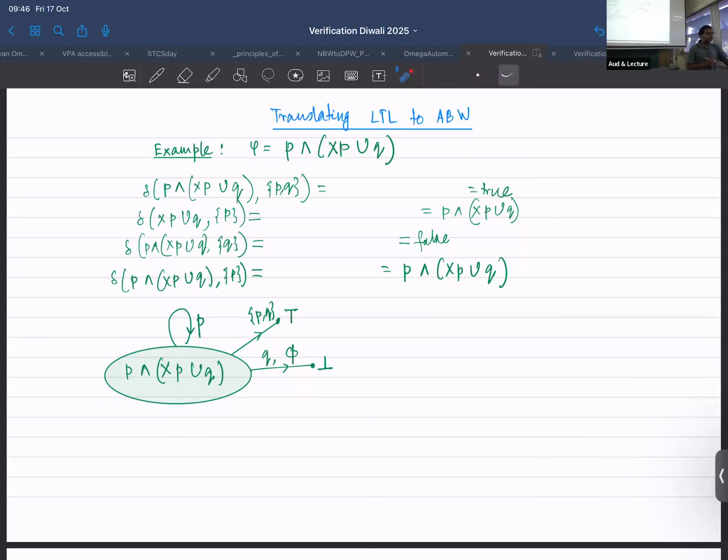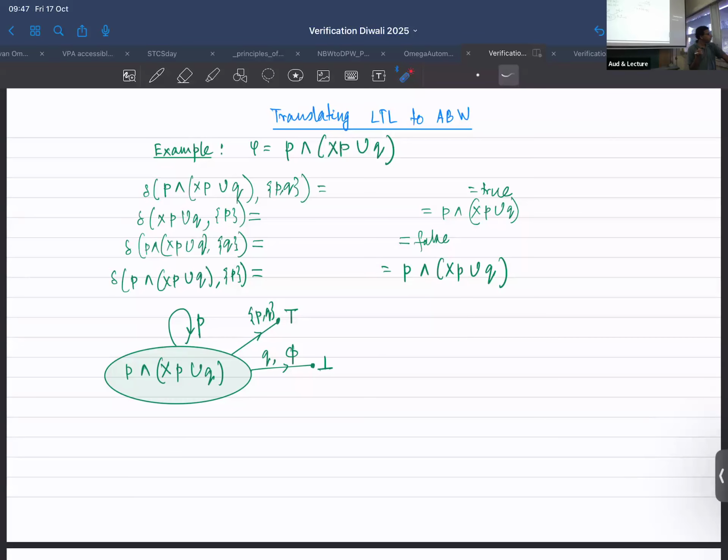So you recall what the kind of LTL formula was that we started with: that was in the release PNF, right? Release positive normal form. So that's the kind of LTL formula we were looking at for translating to ABW.